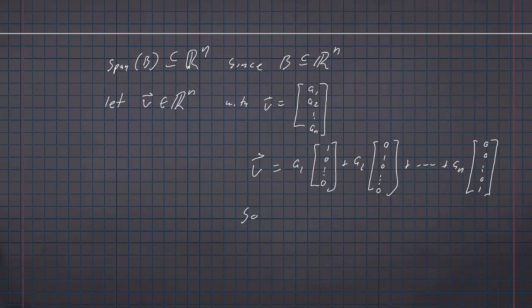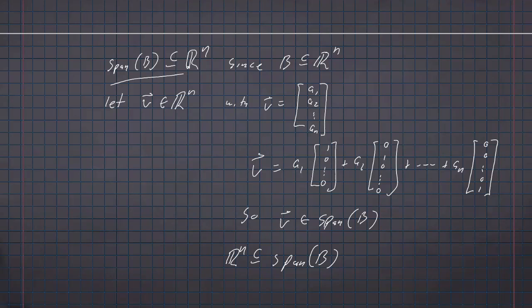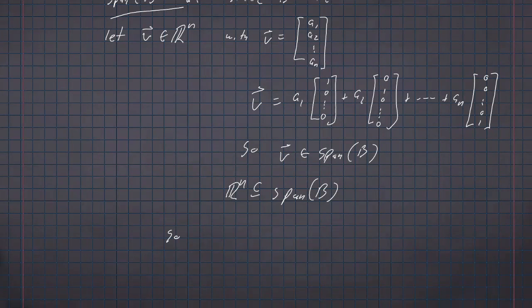And since v is a linear combination of the elements of B, that means that v is in the span of B. And since we don't know anything about vector v except it's in Rn, and we conclude that it's in the span of B, that means that Rn is a subset of the span of B. And since it's also the case that the span of B is a subset of Rn, Rn must be equal to the span of B. So we have B is a set of elements from Rn.